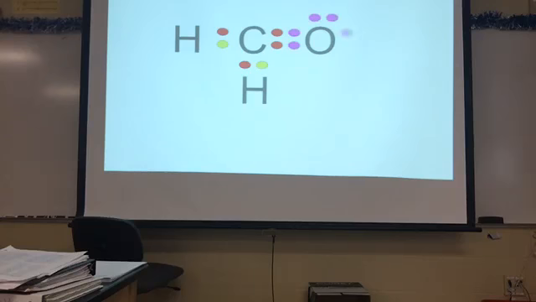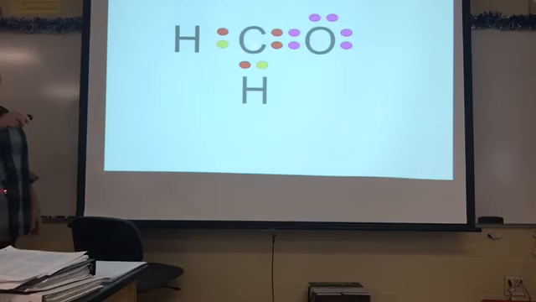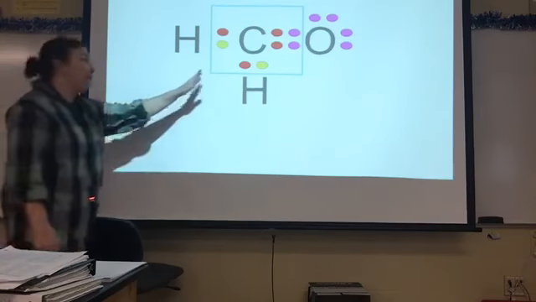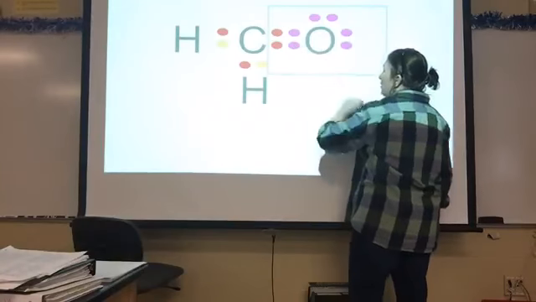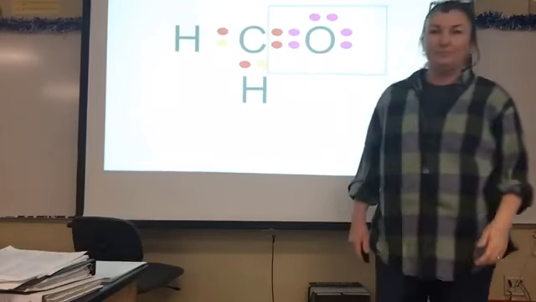Now I went ahead and set them up like this because I know that's what it has to end up looking like. I can't get them to animate and move on Google PowerPoint. But in order to get 8 valence electrons, an octet for each of these, I have to have a double bond there. Make sense? So I get 8 electrons here, 8 electrons here, and each hydrogen has 2.